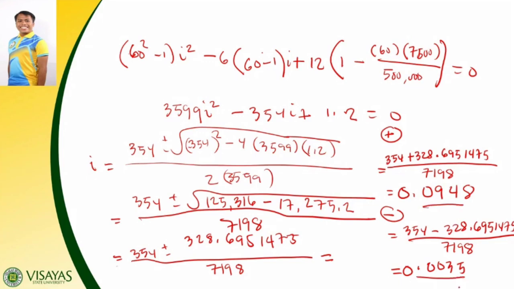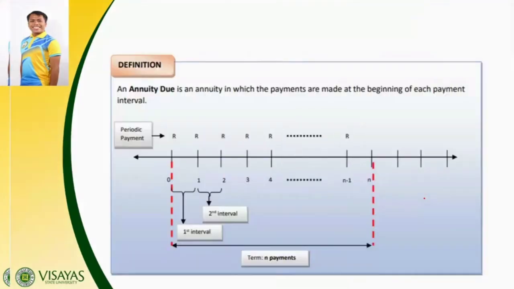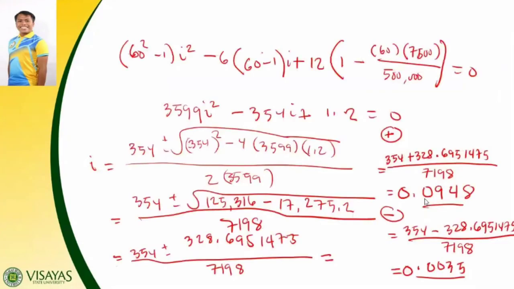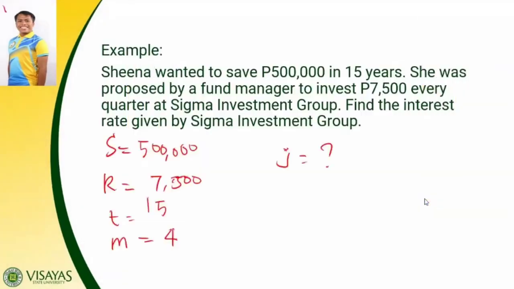To determine which is the right interest rate here, we have to solve for S using both values, to see which is equal or more or less equal to 500,000. So again our values are 0.0948 and 0.0035.